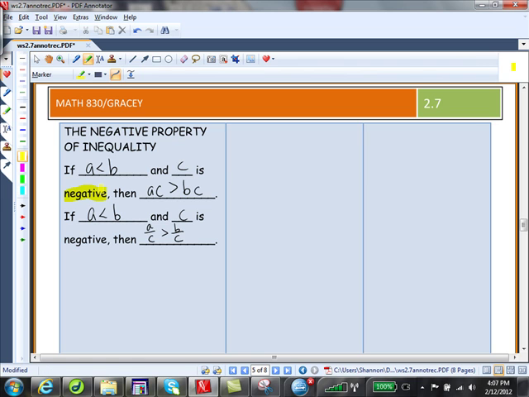So C being negative means that you flip. C is negative, so you flip.